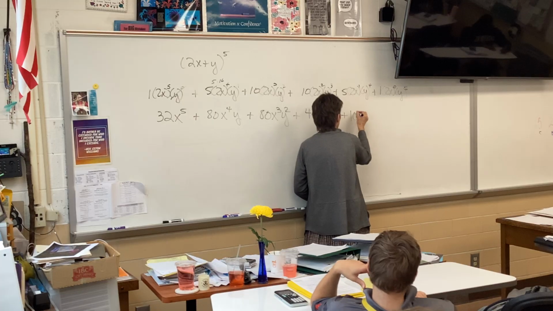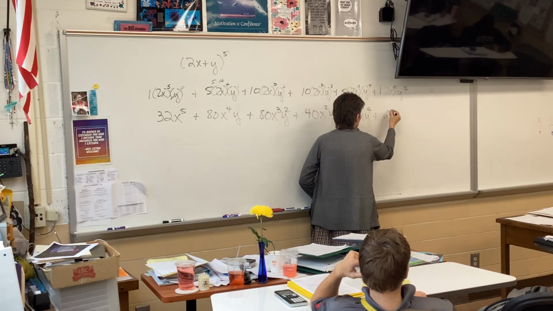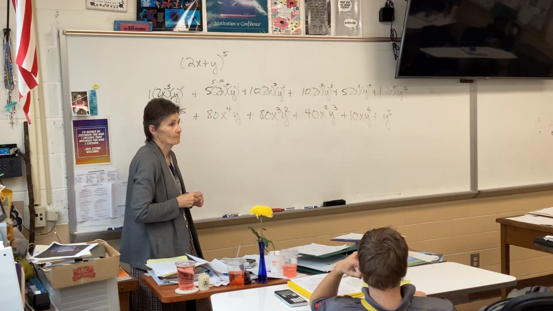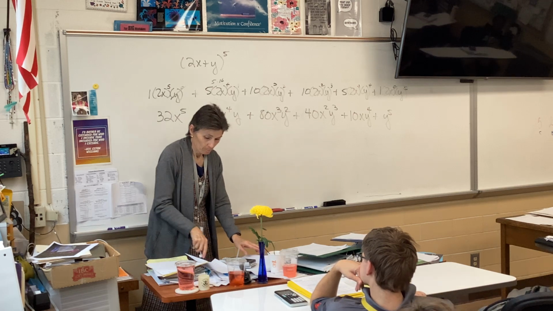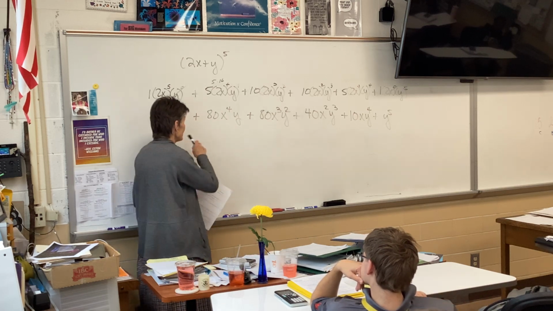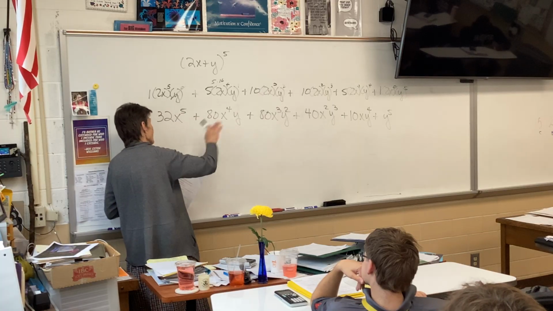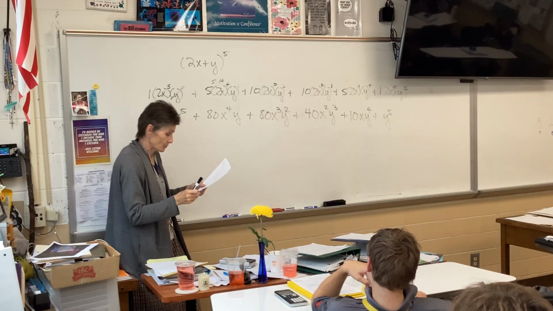This one will be 10 xy to the 4th. And this one is just y to the 5th. Please make as many notes as you can. I mean, there's the answer, but where did these numbers come from? Make sure you are taking good notes to remind yourself.